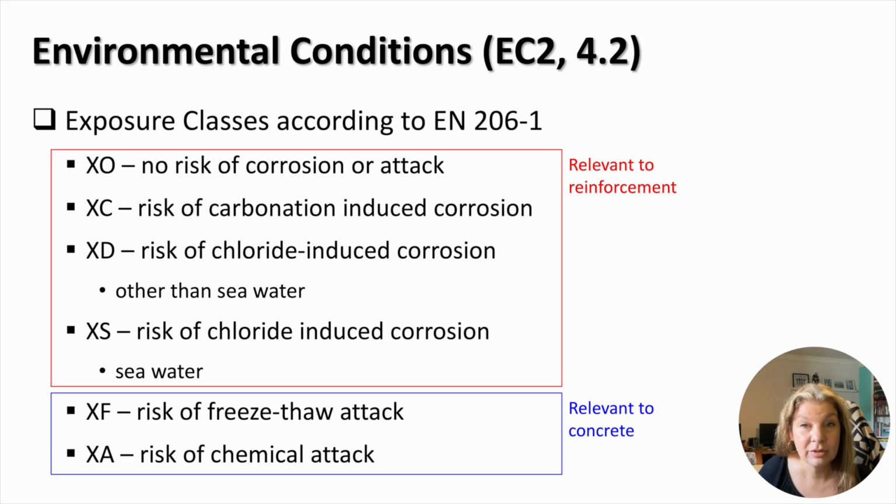XD represents the risk of chloride-induced corrosion, where the chlorides are coming from sources other than seawater, de-icing salt being the main source. And XS represents the risk of chloride-induced corrosion, where the chlorides are coming from seawater. The two other exposure classes, XF and XA, are relevant to the deterioration of concrete, and they account for the risk of freeze-thaw attack and chemical attack.